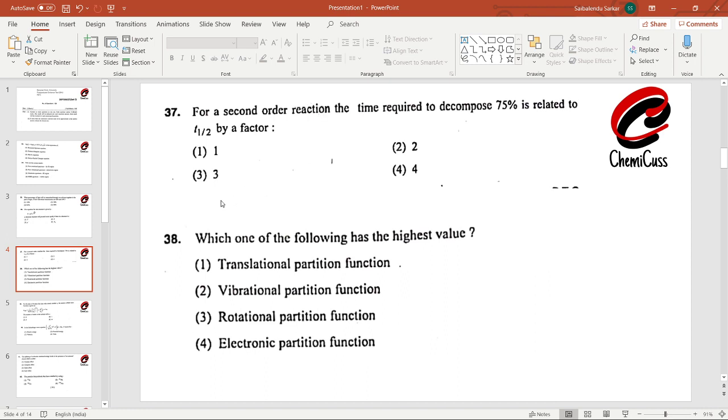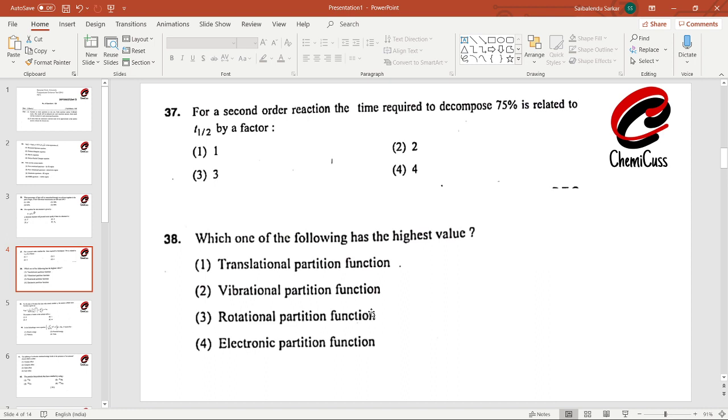Now moving on to question number 38. Which of the following has the highest value? This question is from statistical chemistry. As you can see, all the functions are given, which are translational, vibrational, rotational, and electronic. In principle we don't have to calculate the partition function.